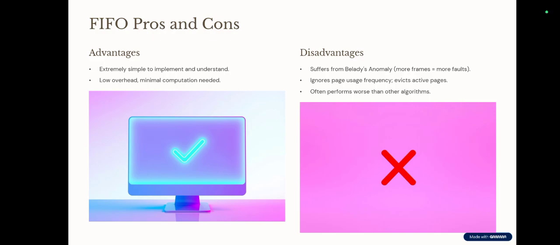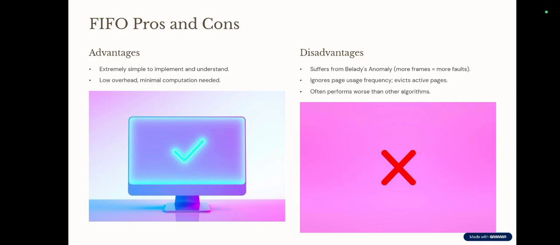The cons are that it suffers from Belady's anomaly, where more frames can mean more faults, it ignores page usage frequency, it evicts active pages, and it often performs worse than other algorithms. So clearly it's not always efficient.